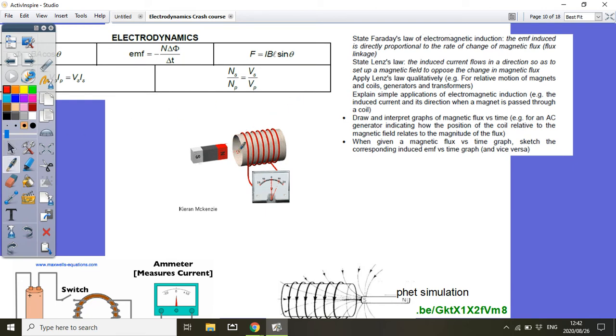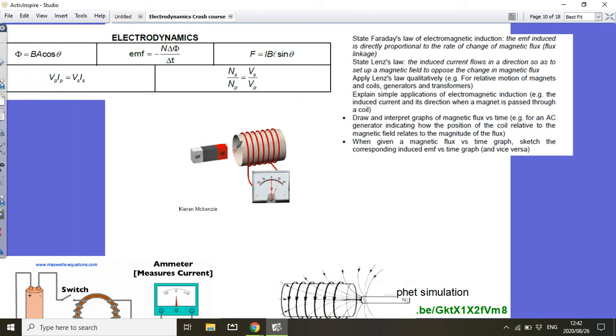And now you need to think for yourself: if I want to push away that north pole, I'm going to set up a magnetic field. I'm going to make a new magnetic field. So this coil is going to form a magnetic field to oppose the entering magnet. To oppose that, I need to form a north pole on this side and a south pole on this side.